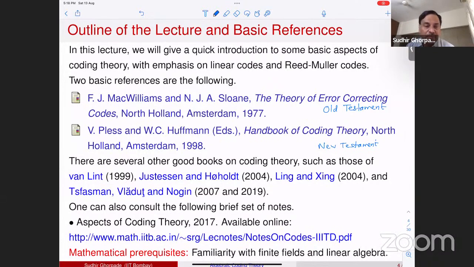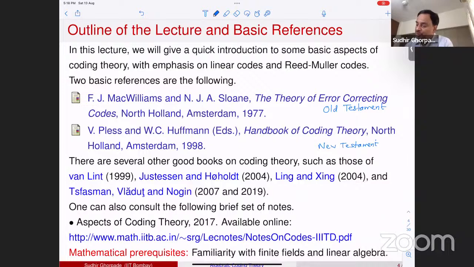Of course, there are many other books in the market that you can find. Van Lint, Justesen and Høholdt, Ling and Xing, etc. Huffman, Levenshtein and Nogin have a book of which the second volume came not too long ago. I myself have a small set of notes, nowhere close to 800 pages, maybe 20, 30 pages, based on some lectures I gave.